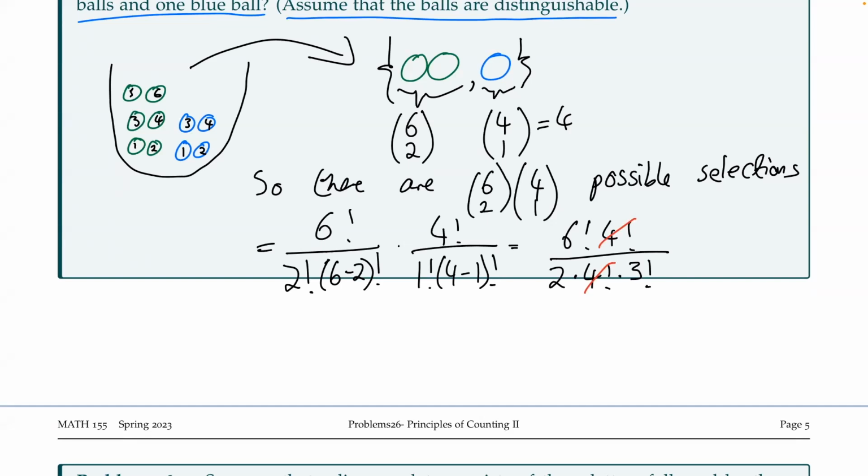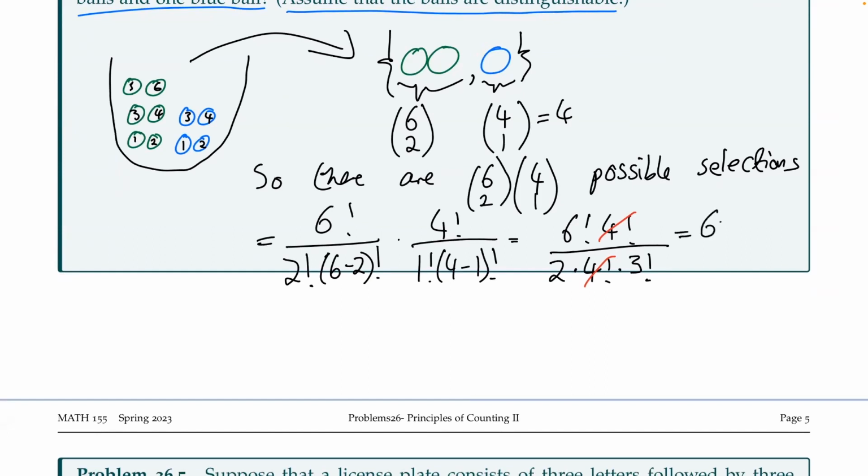What else can we do? We could write out this 6 times 5 times 4 times 3 factorial over 2 times 3 factorial. So these 3 factorials cancel. We can also cancel this 2 with a 4 in the top, so that 4 becomes a 2.